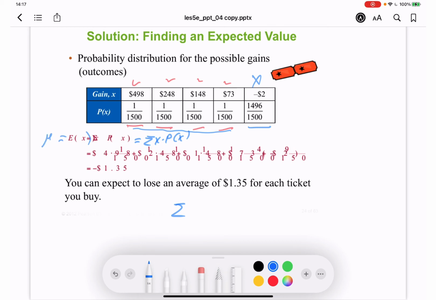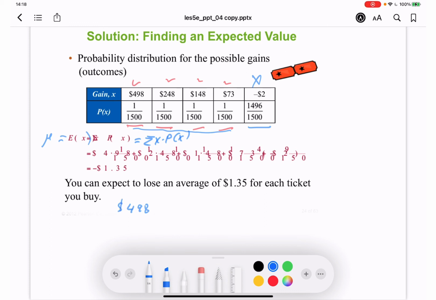How are we going to calculate? Here is a mess, I'm going to rewrite it so you can understand and read. Sum of x times probability of x. So x is going to be $498.